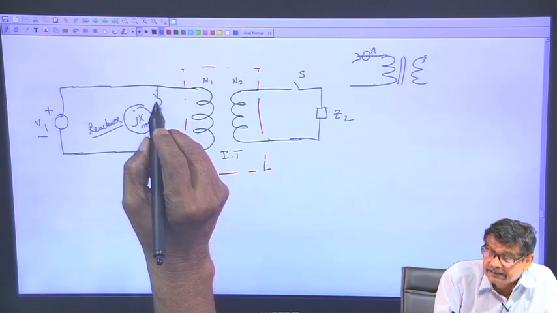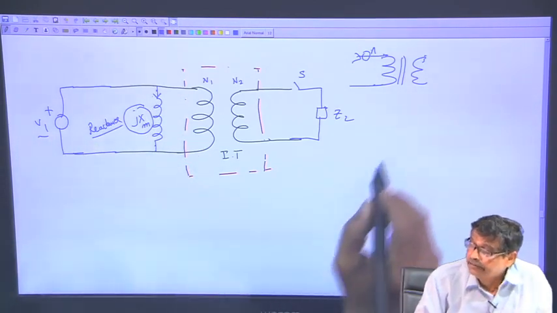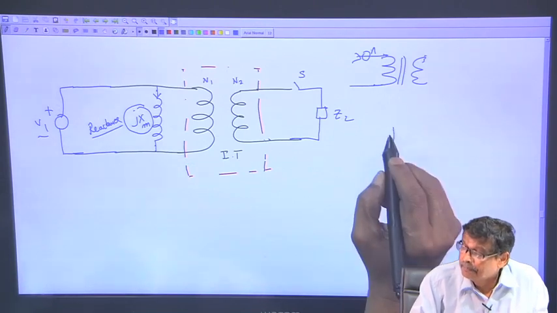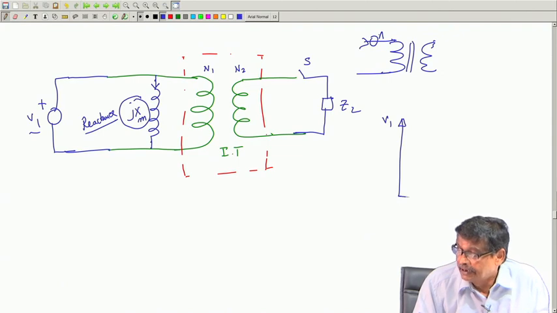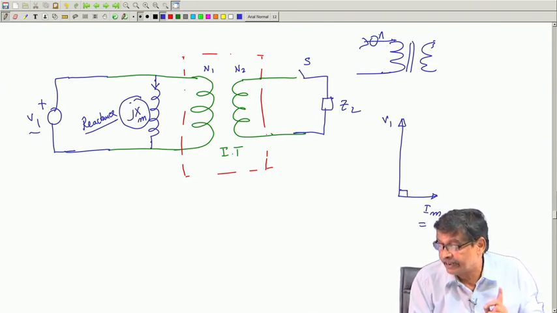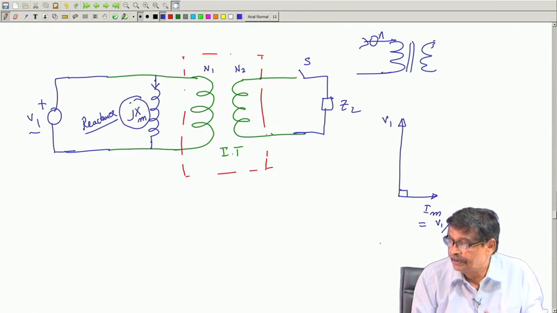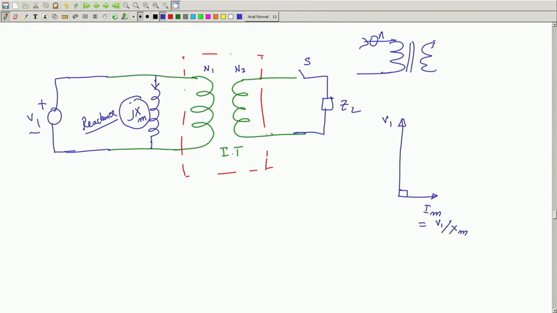So, what is this current? V1 by jXm, that is, V1 is here with S opened. I know the magnetizing current is 90° lagging, and I will choose the value of Xm in such a way that Im is V1 by Xm, 90° lagging.